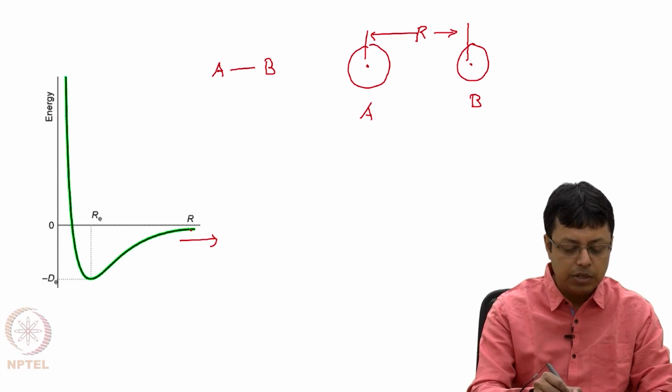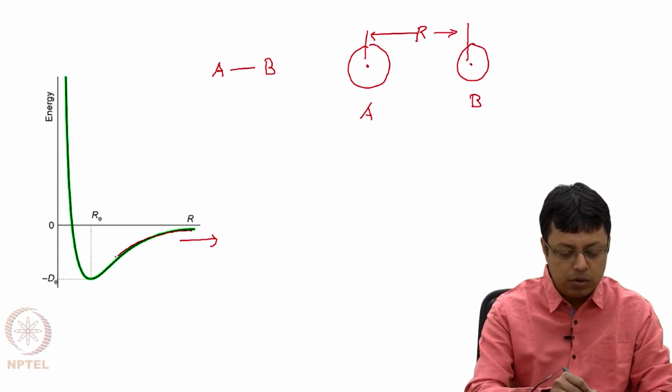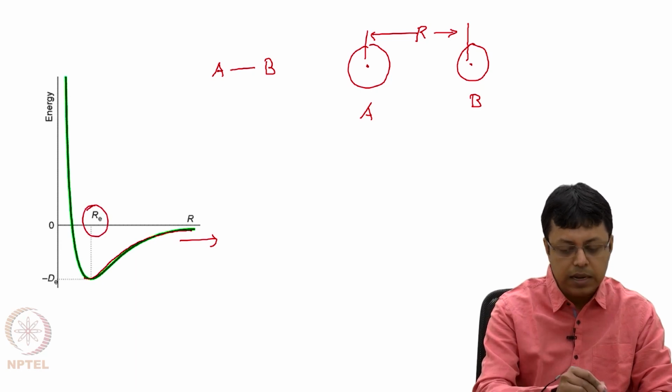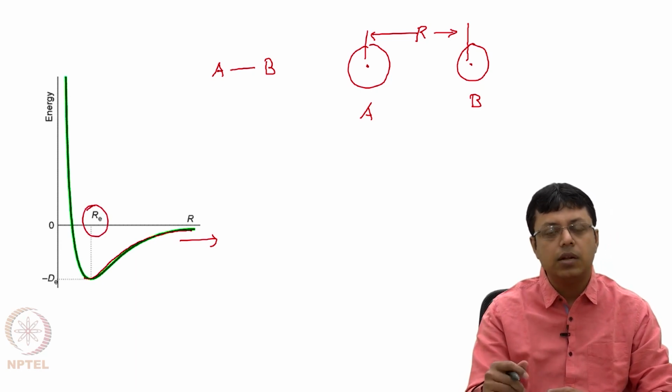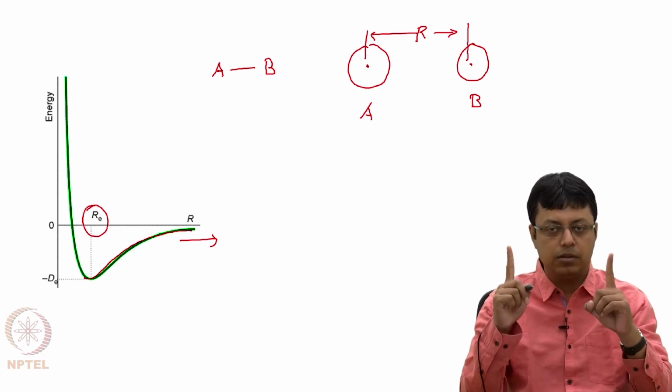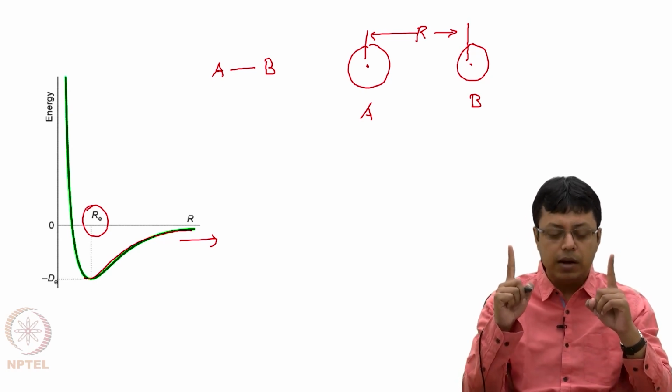We see that the potential energy falls and goes to a minimum at a critical distance, which we call Re. Re is known as the equilibrium bond distance between the two nuclei of these two atoms.